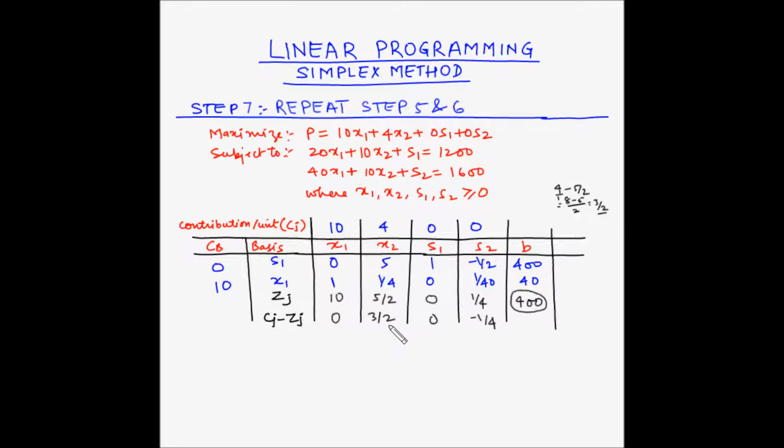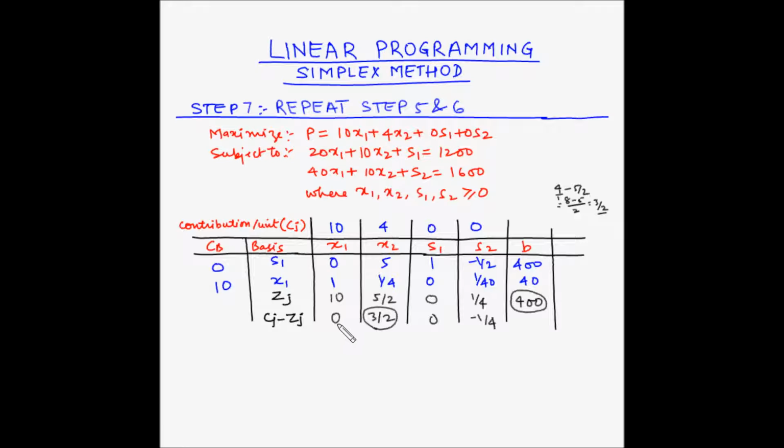So the optimality test says that in case all the values are negative or 0, the current solution is optimal. However, if any element is positive, then the solution is not optimal and there is scope for further improvement. So here we can see that this value here for column x2 is positive. So what this means is that there is scope for further improvement in this solution.